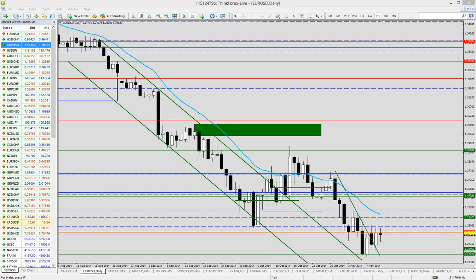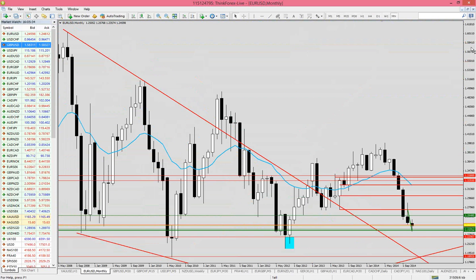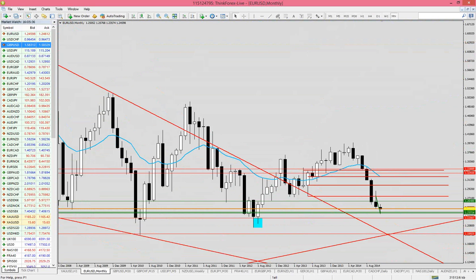The thing is, on the daily chart, as you can see, different way. Sorry guys, different way. Let's start with monthly.